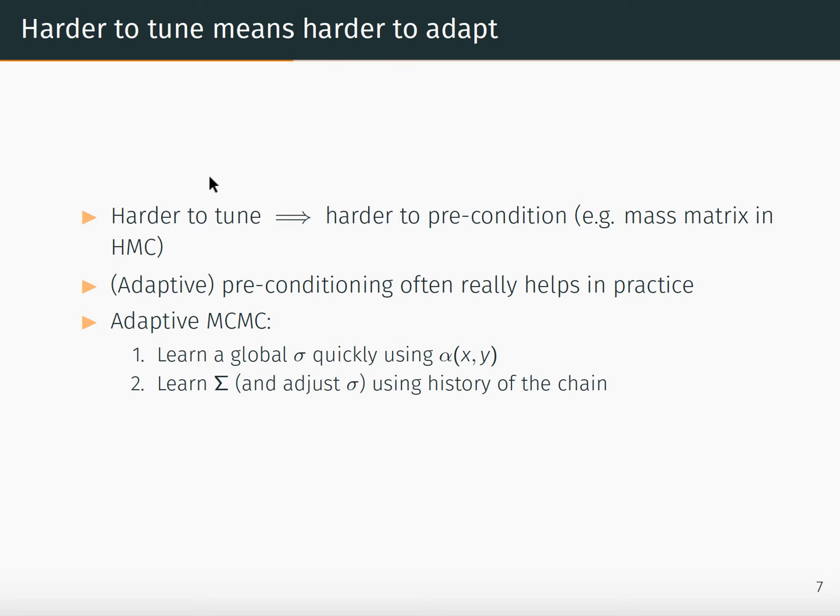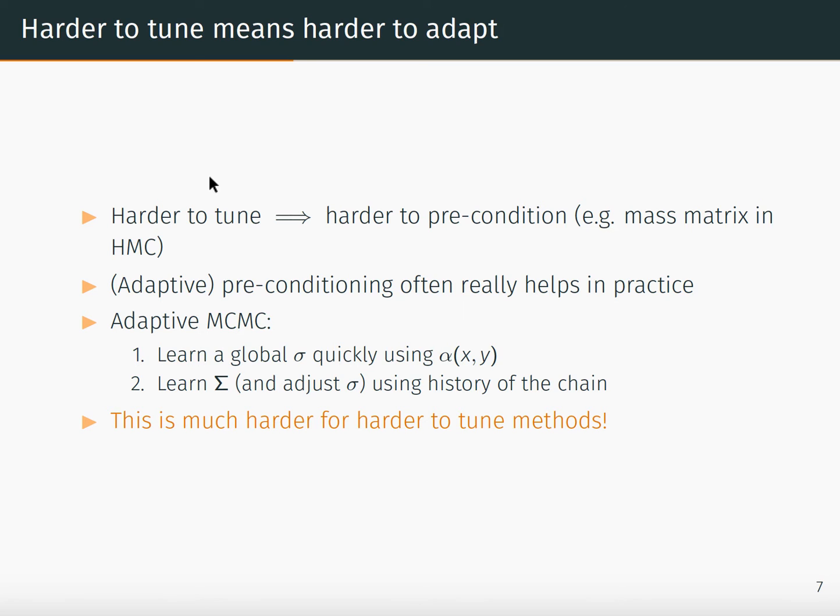And as you do that, you'll adjust this little sigma at the same time, and eventually you'll get to good values for both. But it tends to be that if you have to choose a global value of sigma that is really small, in order to get any kind of movement at all in the chain, then it takes a long time to learn the right values of the preconditioning matrix.